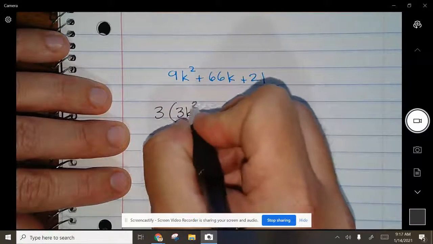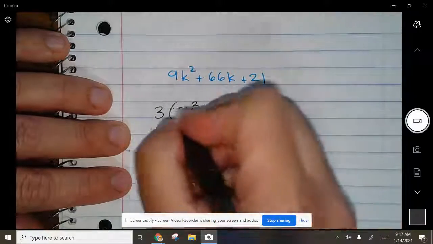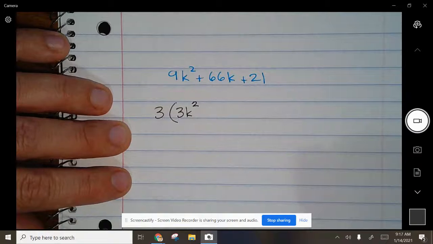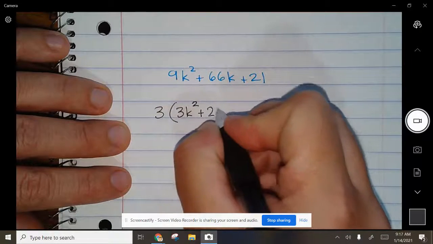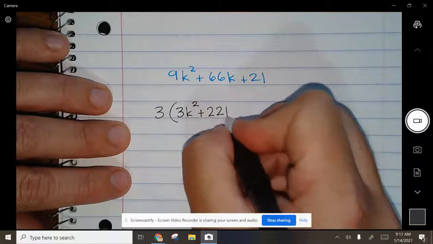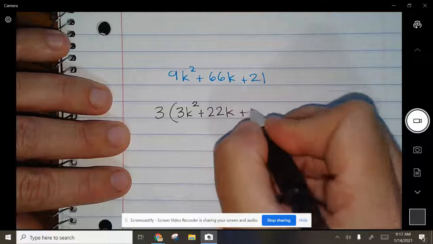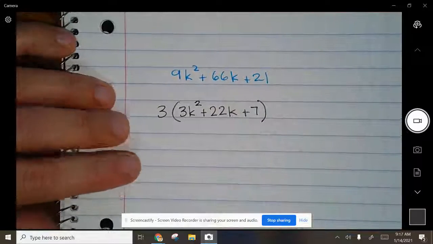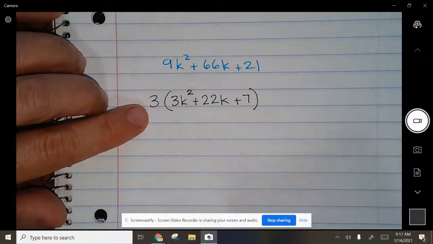How can we double check our work? If we multiply this, would we get that? Sure. 3 into 66 is going to be 22, right? And then 3 into 21, we know that's going to be 7. All right, we just pulled a 3 out. If you did this before you even started X Games, this does not go into the trash.